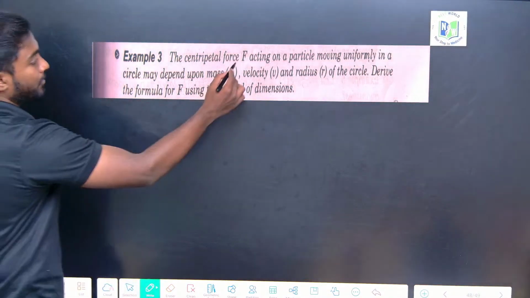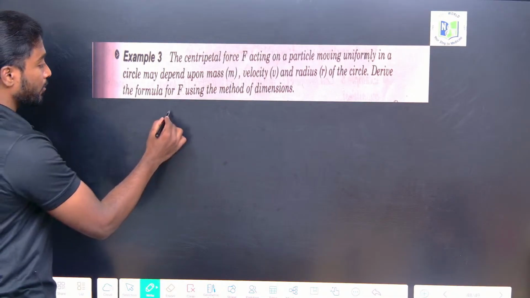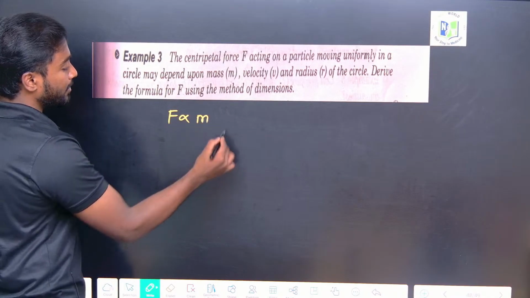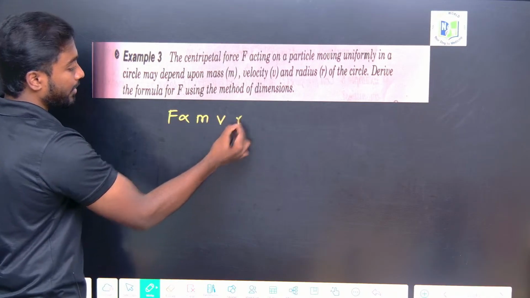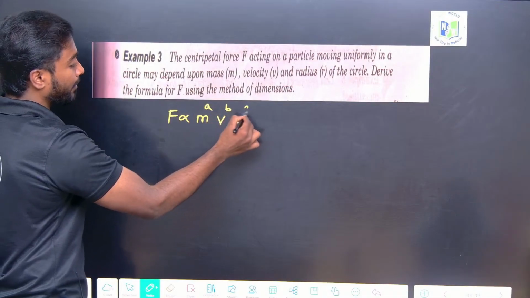F is the force, and it depends upon mass, velocity and radius. So F is proportional to mass to the power A, velocity to the power B, radius to the power C.